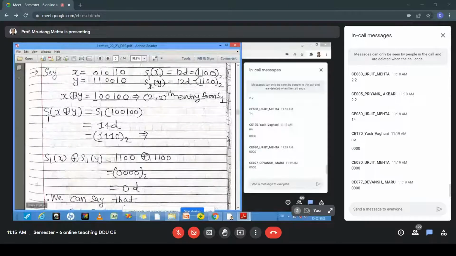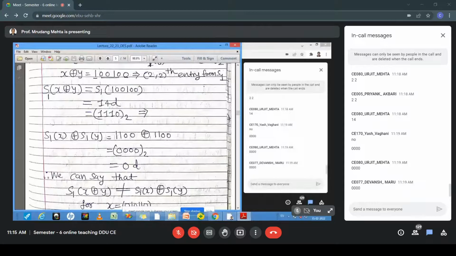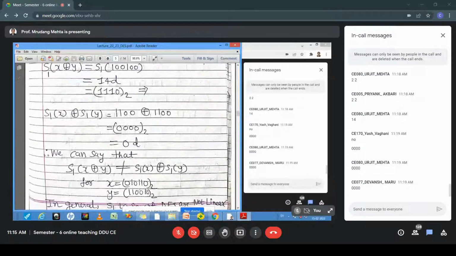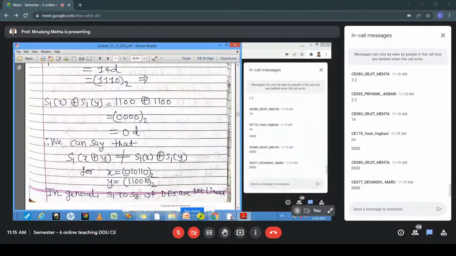So you can see S1X XOR S1Y is 1100 XOR 1100. So that is 0000 in binary, and it is equal to 0 in decimal. So we can say that S1 of X XOR Y is not equivalent to S1X XOR S1Y for these X and Y values. So in general, S1 to S8 of DES are non-linear.